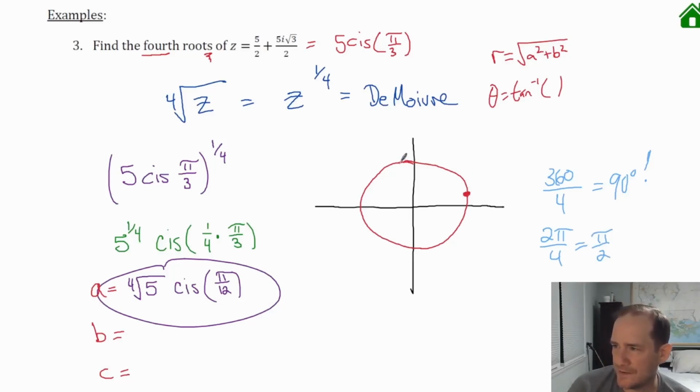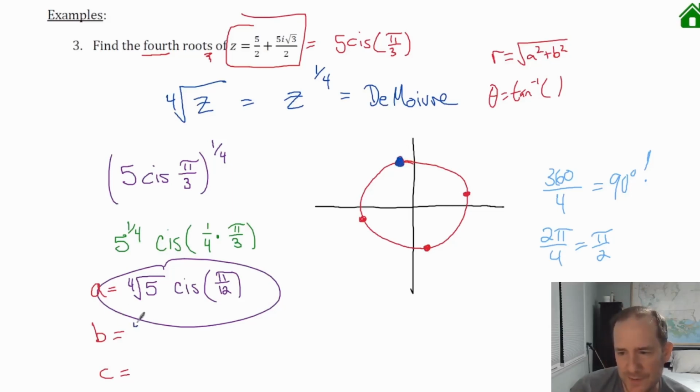So there's my first one. 90 degrees would put the next one there. 90 degrees more would put the next one there. 90 degrees more puts the next one there. It's almost like they're sitting at the corners of a square, right? But there you go. You have just drawn the picture of all 4 4th roots of that complex number.